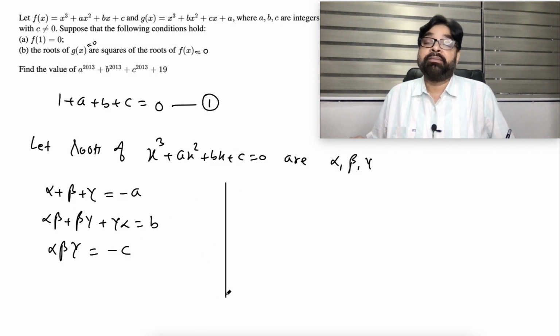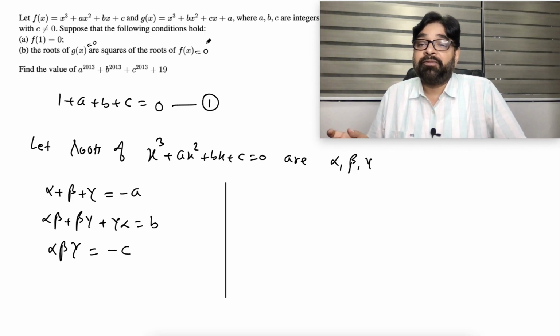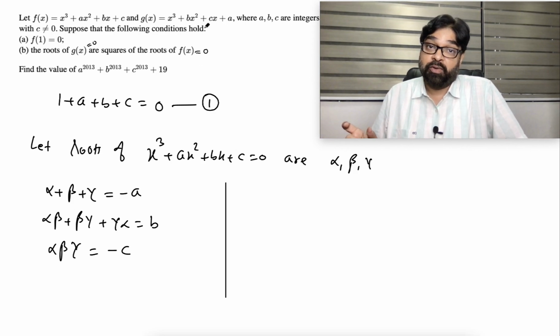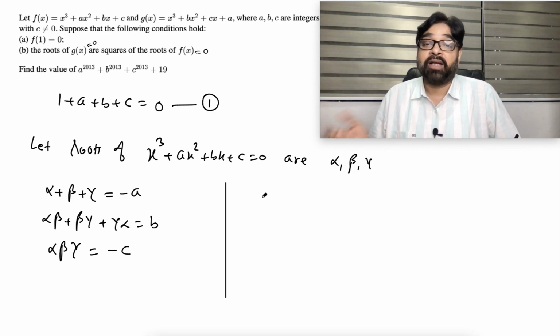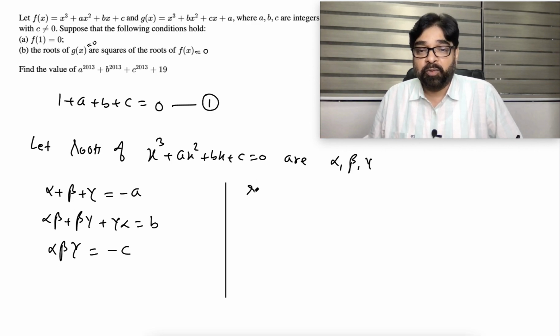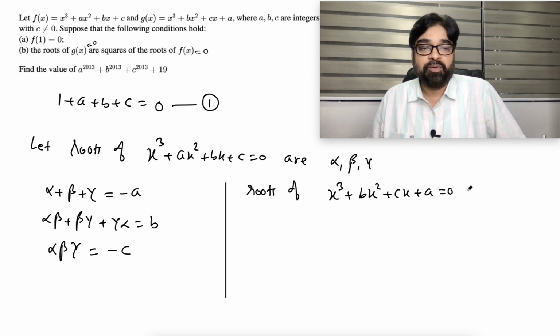Now at the same time they say that the roots of g(x) = 0 are alpha square, beta square, gamma square, means the roots of x cube plus b x square plus c x plus a equal to 0 are alpha square, beta square, gamma square. Correct?